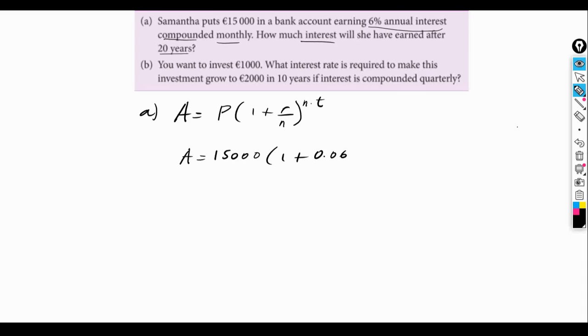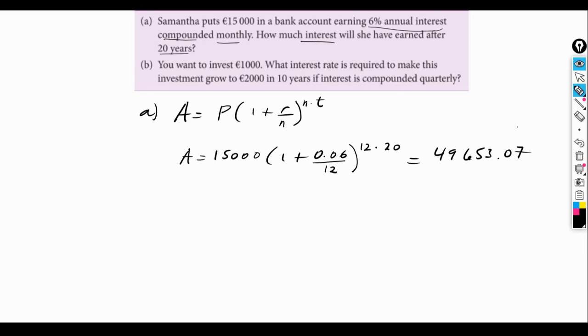And it says it's compounded monthly, so that means 12 times per year. So this divided by 12, and then to the power of 12 times 20. So we plug this into the calculator. Now you have to be careful here with all the parentheses. And you're going to get 49,653.07 euros, right? That's the amount of money that she would receive after the 20 years.